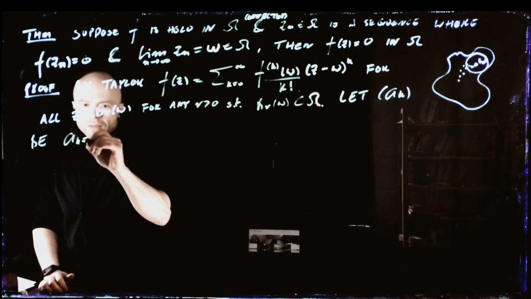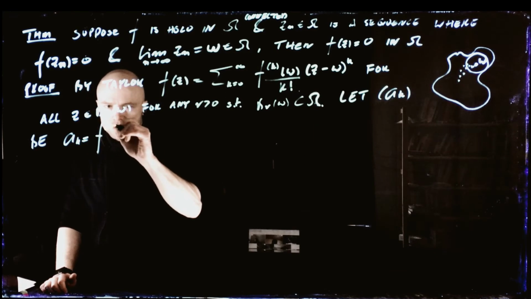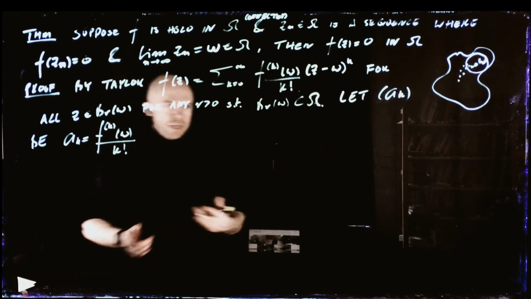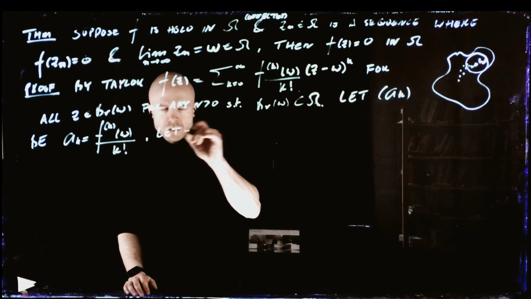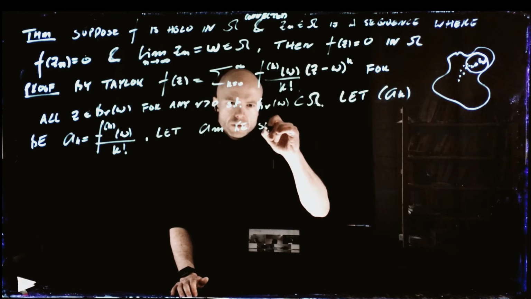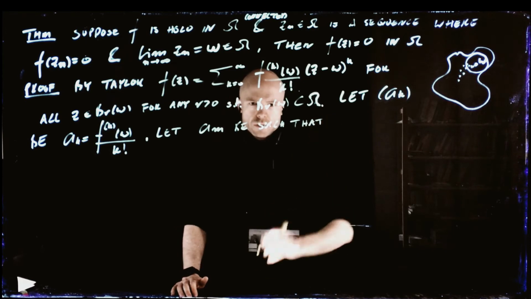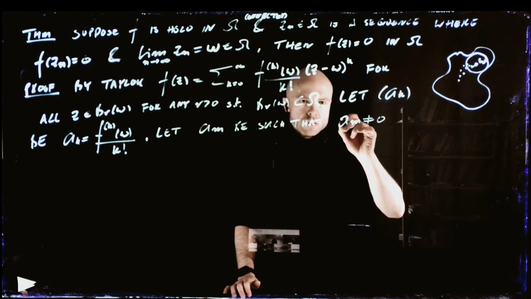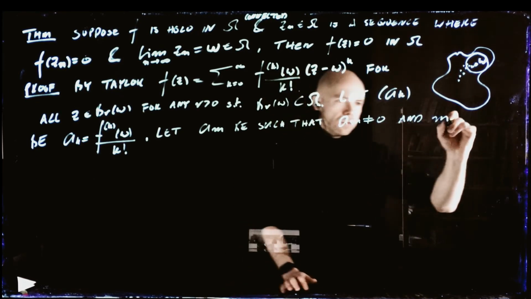So a_k is equal to the kth derivative at w over k factorial. And then let a_m be the first non-zero one, where m is the smallest number for which this is true.